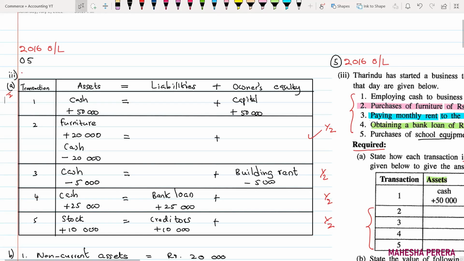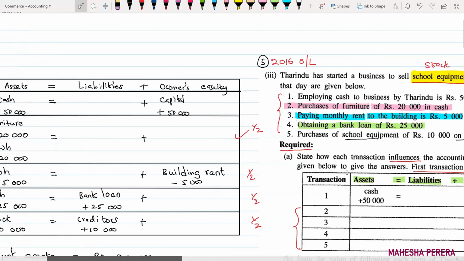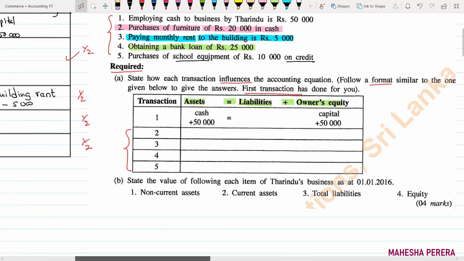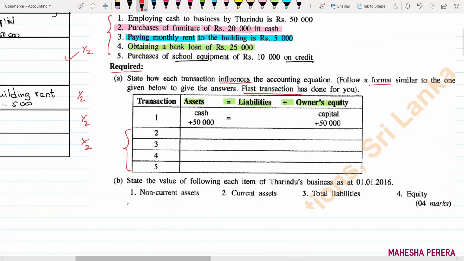Shall we read the next question now? There is another part, part B. Now there are 4 questions under B. Let's see. State the value of the following each item of Tarindu's business as at 1st of January 2016.